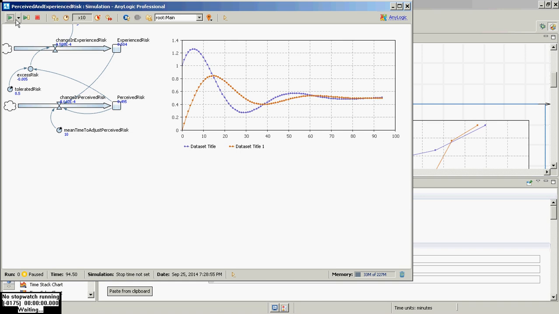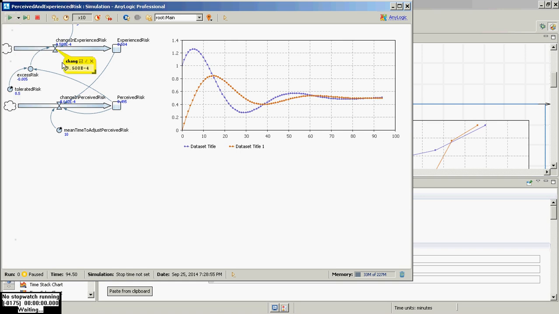It's a first order delay here in terms of the value of the stock. Remember I told you at the end of lecture last time that with a target formulation of this, you can get the stock value being a delayed version of the target. So perceived risk is a delayed version of experience risk.